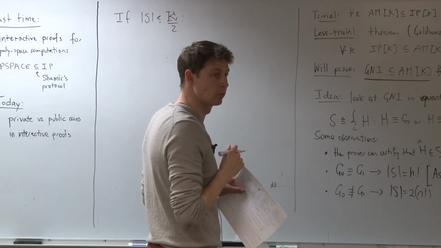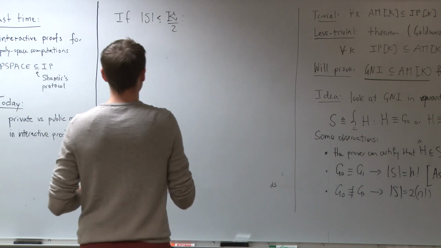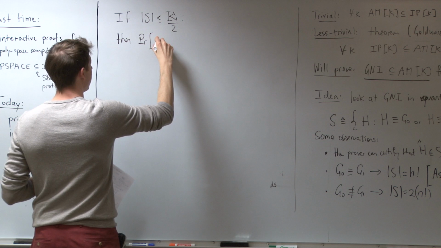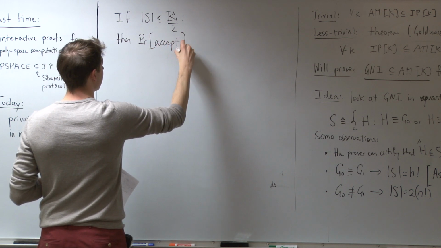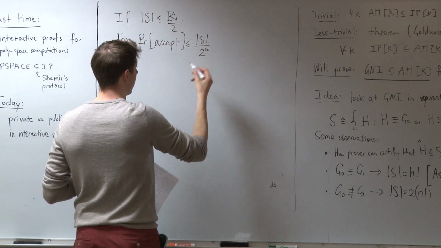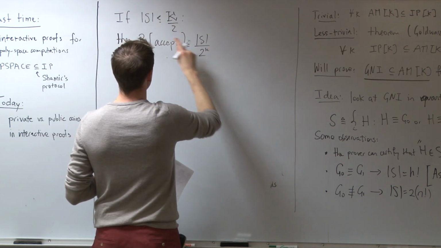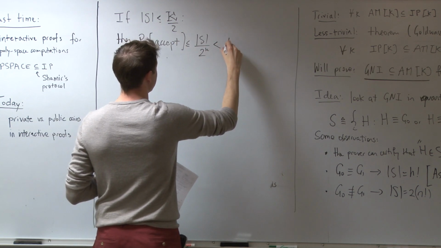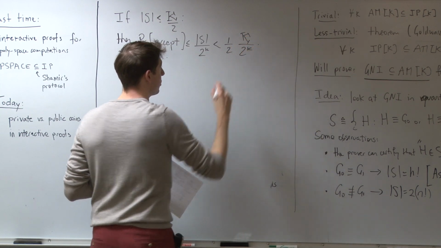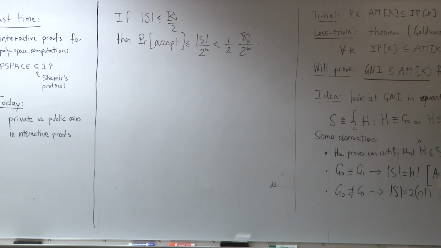We can directly use the union bound. Then the probability of accept is at most S over 2 to the k, that was the union bound, which is, using this thing, less than a half size of k over 2 to the k, which is what we claimed in the soundness case over here, right? Okay.